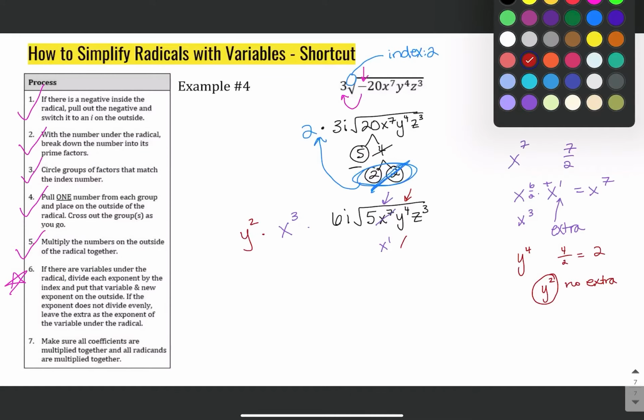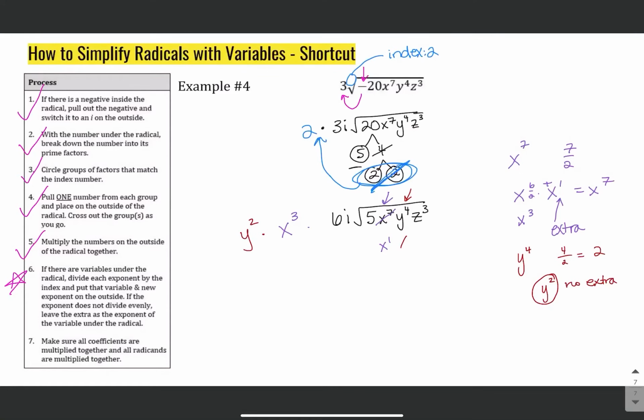All right, let's try another one, just so we can see this again. If I have z to the 3rd, again, I'm going to take that exponent, which is a 3, and divide it by the index, which is 2. Now, this does not divide evenly. If I do this division, 2 goes into 3 one time, and then I would have extra. Because again, this could be broken down into like z squared times z to the 1st.